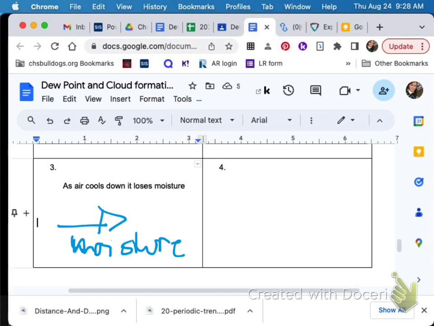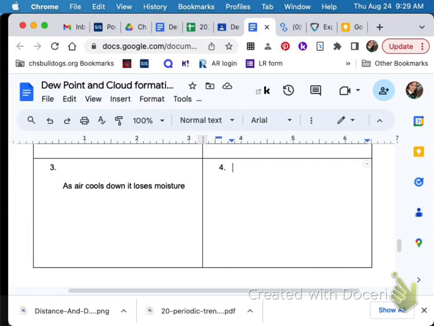Moisture is leaving the air, okay? It's getting out of there. But as we discussed with the dew, water can't just hang in the air on nothing. You're going to say, well, isn't that what clouds are? Is water hanging in the air? Yes, but not hanging on nothing.